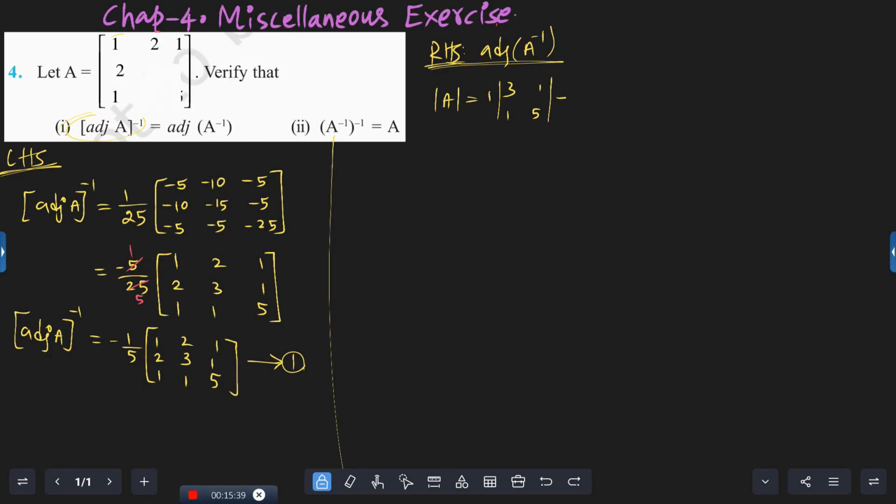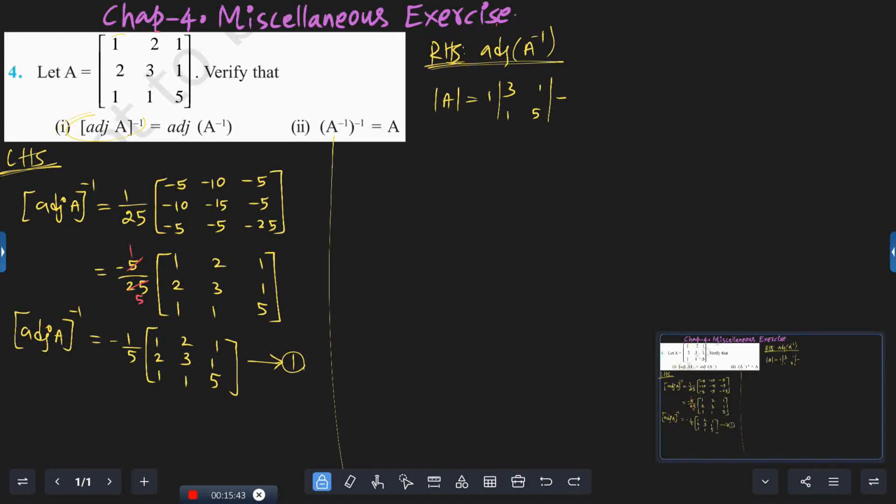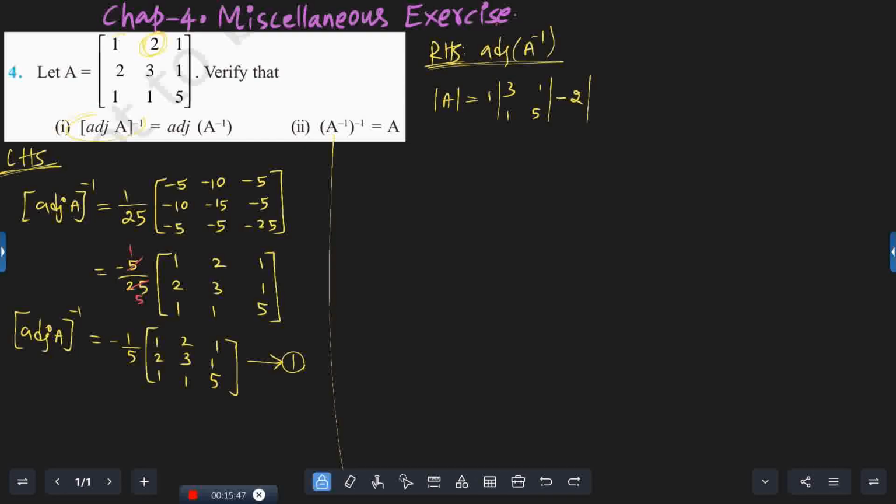What is the second element? 2. Strike out the 2's row and column: 2, 1, 1, 5. Next, the third element, what is given? 1. So if you cancel its column and row, 2, 3, 1, 1. Just adjoint. What is the determinant of A?